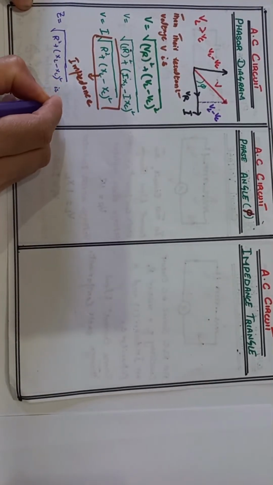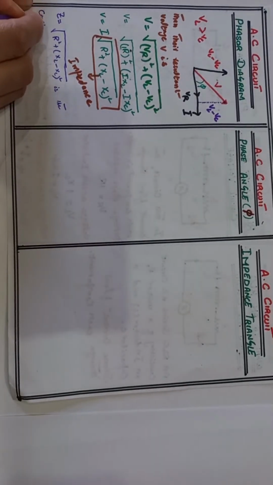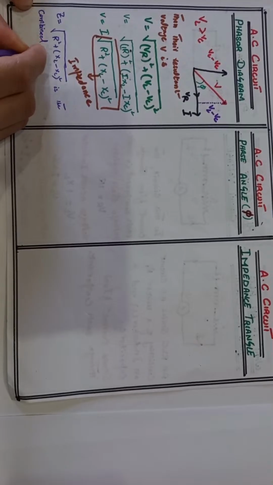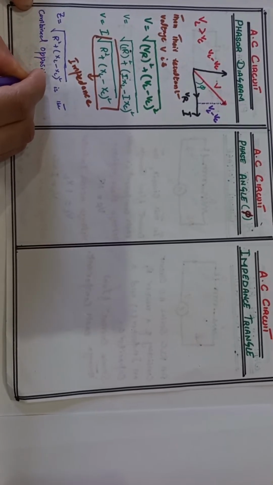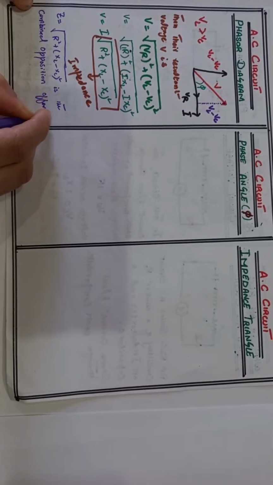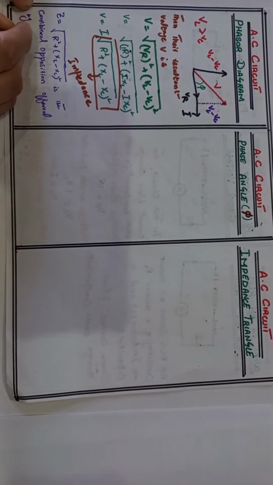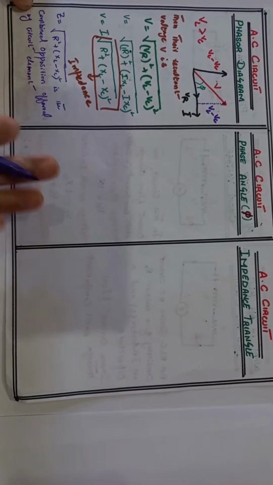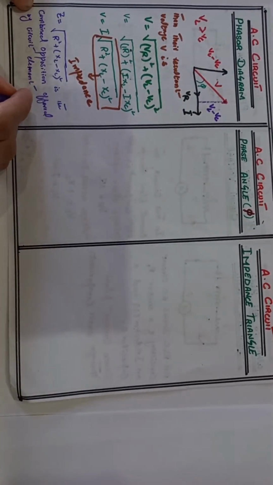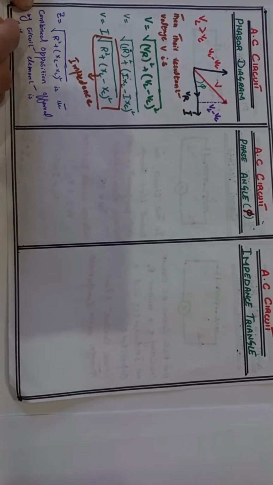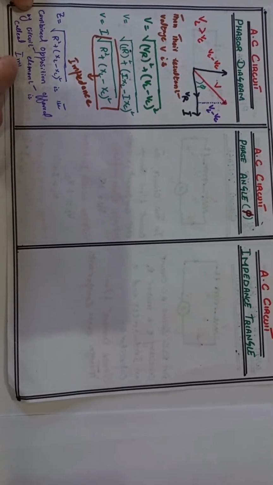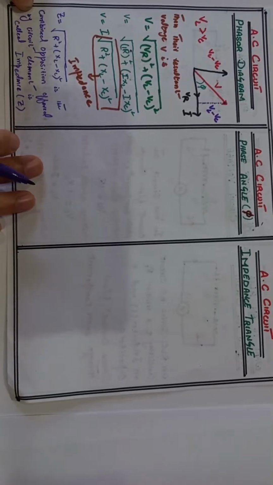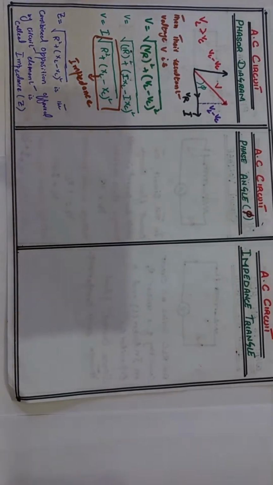The combined opposition offered by circuit elements is called impedance. That is shown by Z.